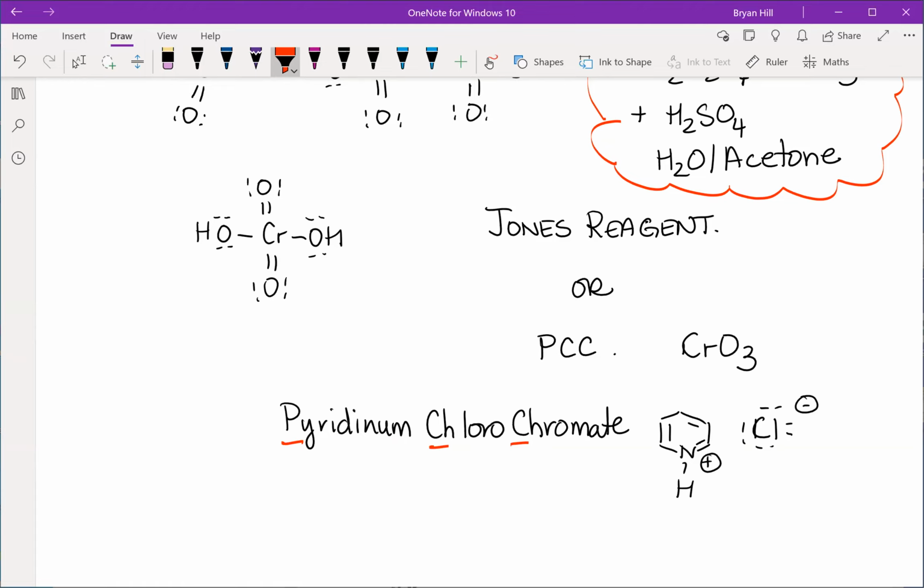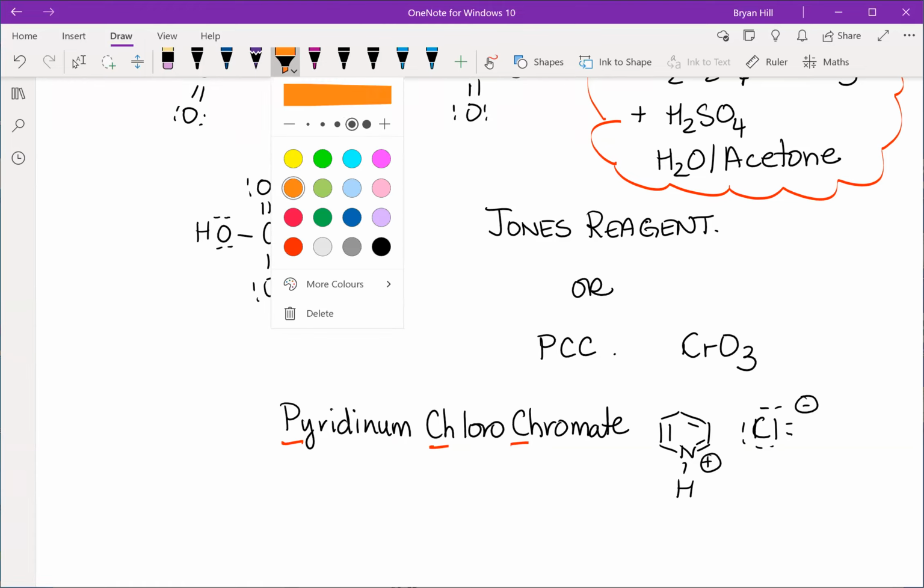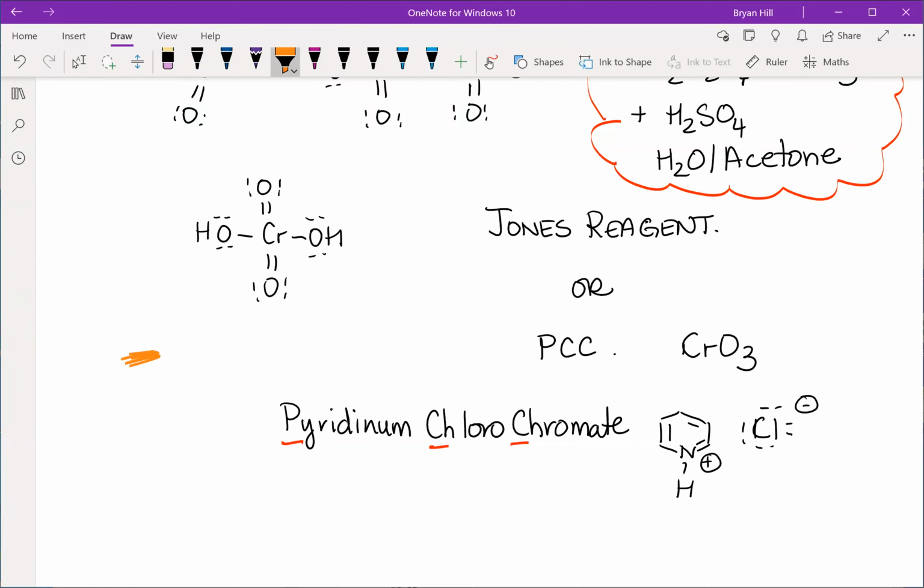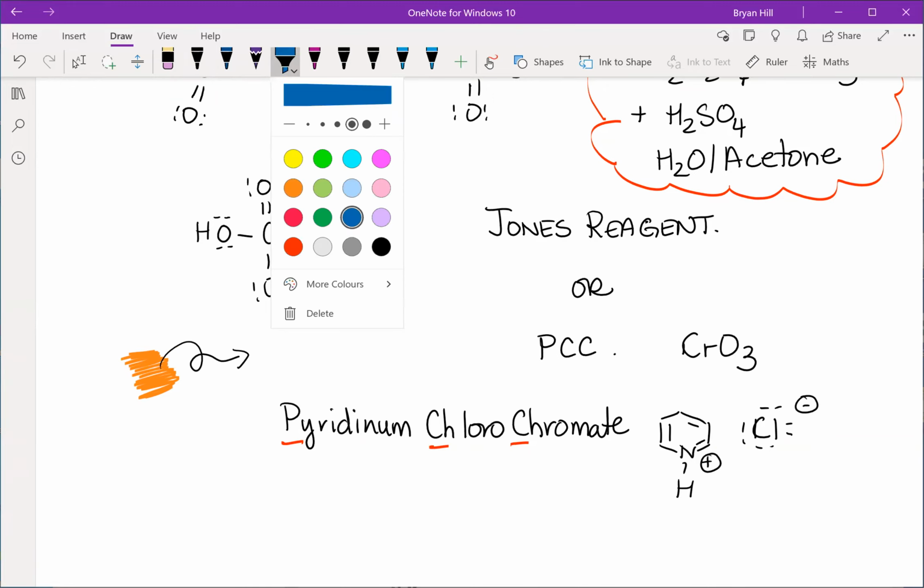But it is a powerful oxidizing reagent. And the interesting thing about it is that it's orange, right? So your solution of your Jones reagent in acetone and water is orange. And then as the reaction takes place, it turns blue.